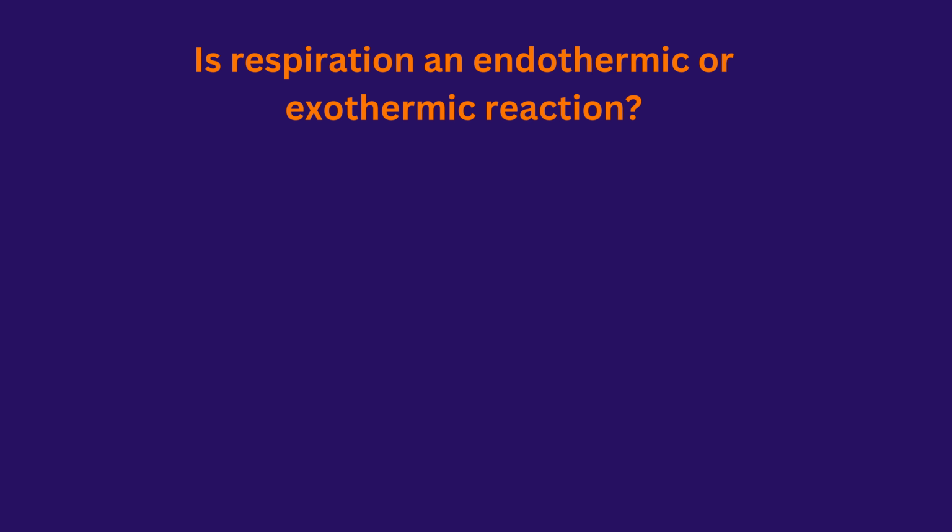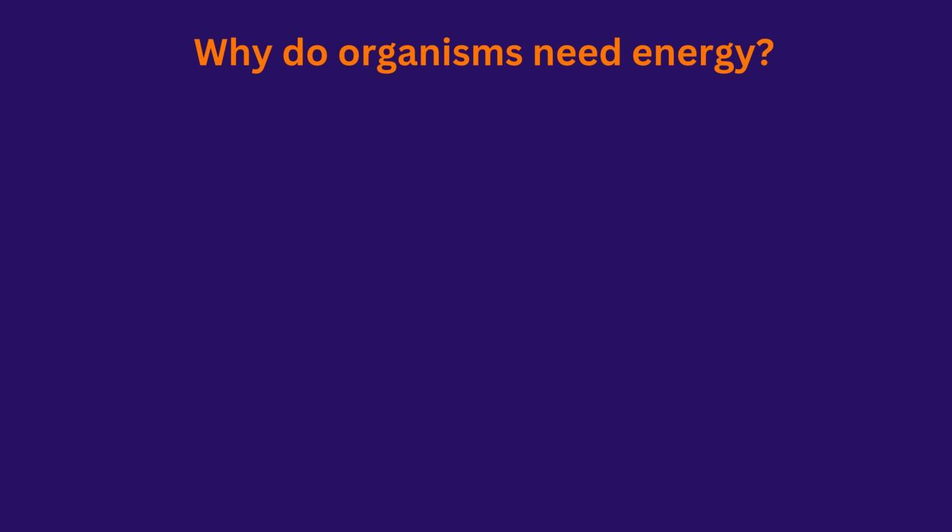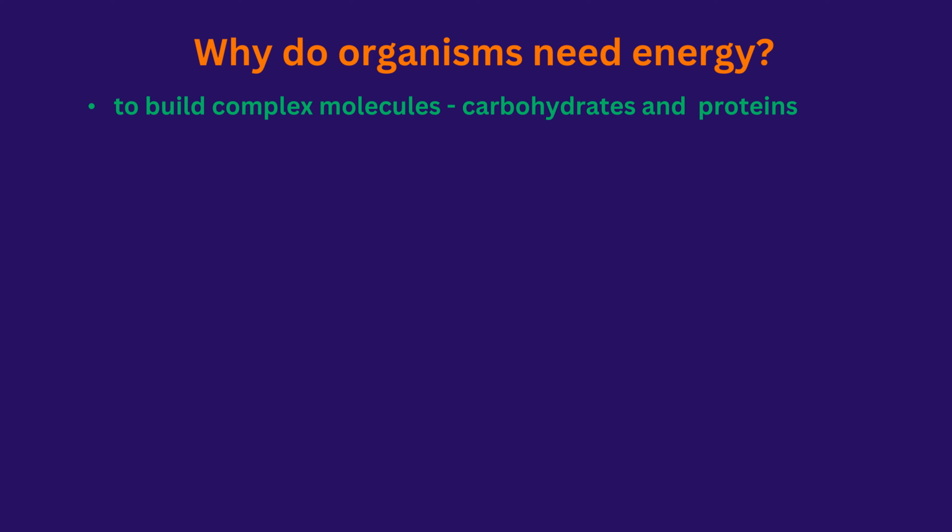Is respiration an endothermic or exothermic reaction? It is exothermic because energy is released when this reaction takes place. Why do organisms need energy? To build complex molecules such as carbohydrates and proteins.